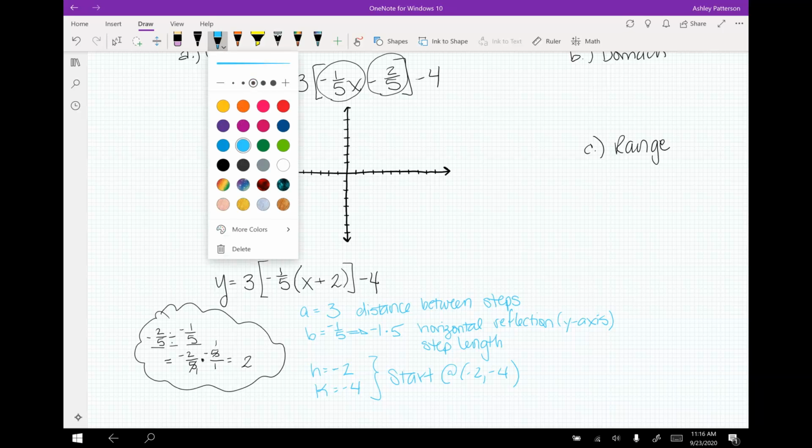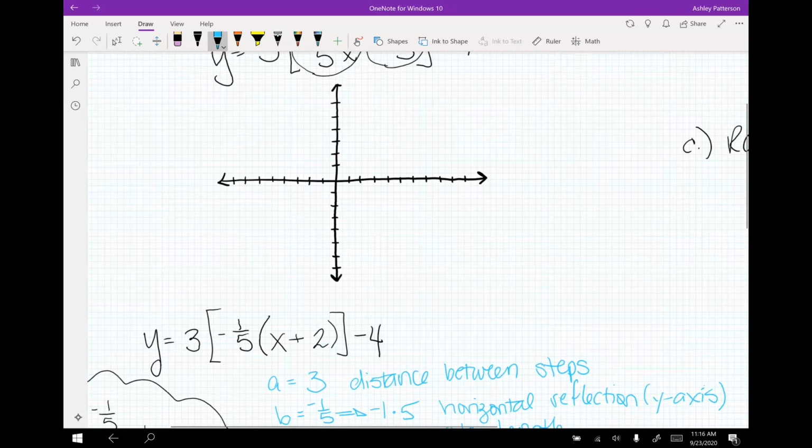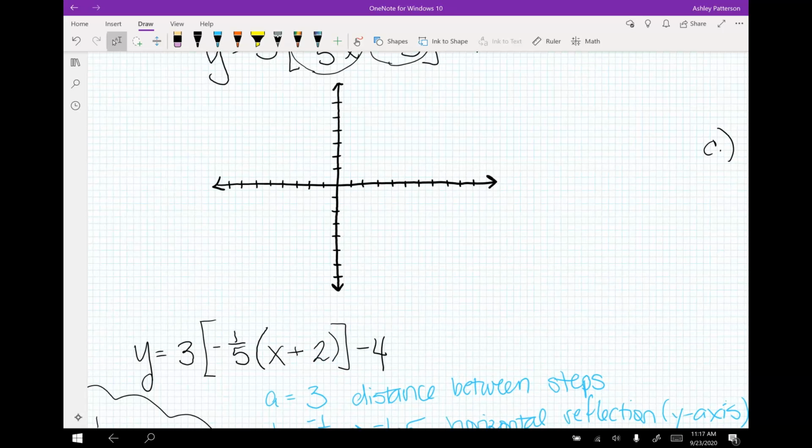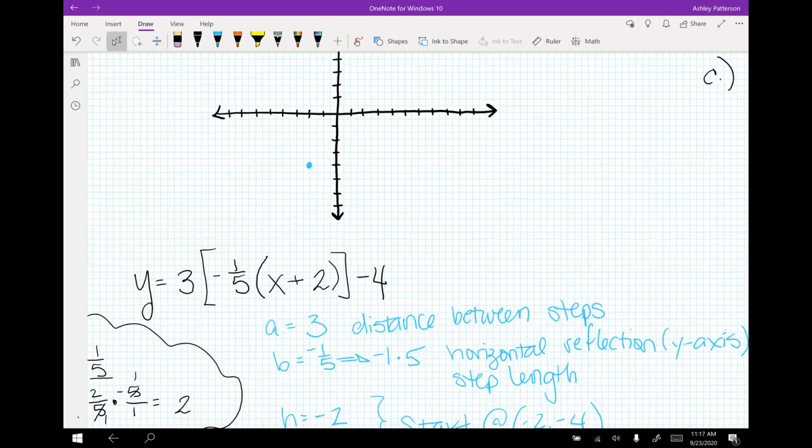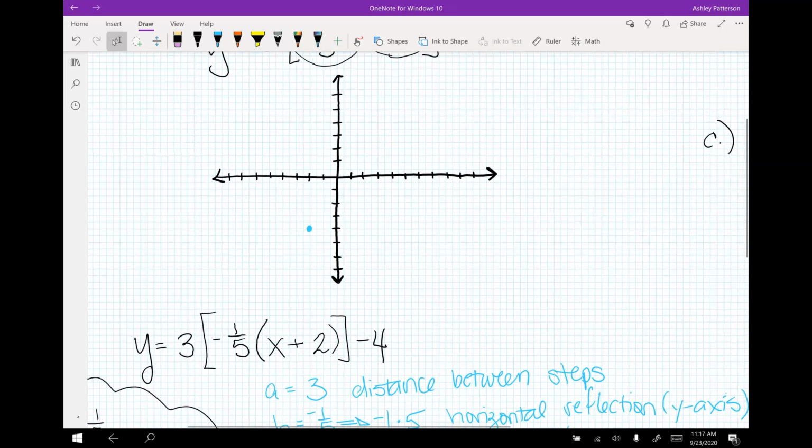Let's graph it. Okay, I am going to go to -2 and then 1, 2, 3, 4. Hopefully I do this the right way because my lines are really small. And then remember, the length of this step is 5 units. But there's a horizontal reflection. So I'm going to extend to the left, 1, 2, 3, 4, 5, to my open circle.